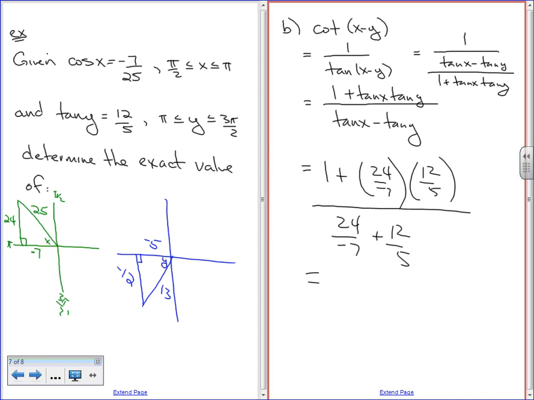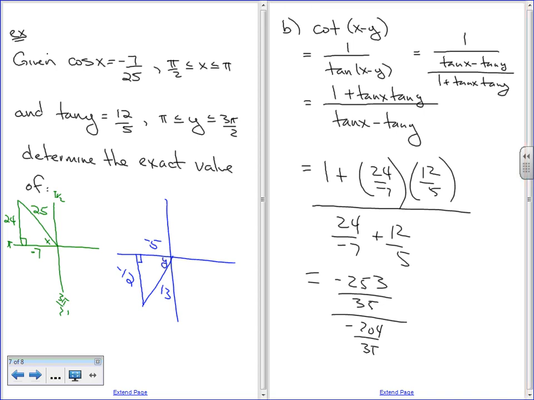So combining, and a lot of you, like I was saying, have calculators that you can type this right into your calculator. 1 plus 24 divided by -7 times 12 divided by 5 as a fraction, and you'd get the answer -253 over 35. Adding the two bottom fractions, you would get the answer -204 divided by 35. And then you can divide that right in your calculator to get that as an answer.